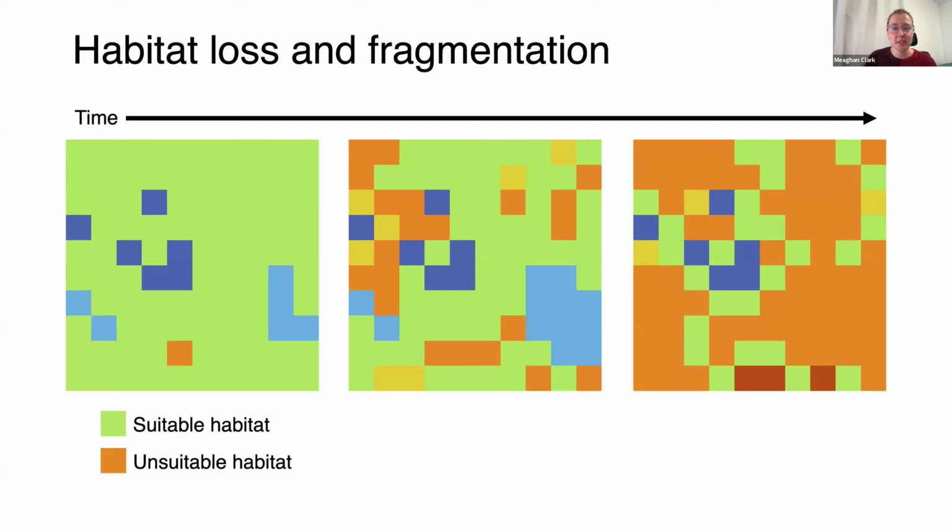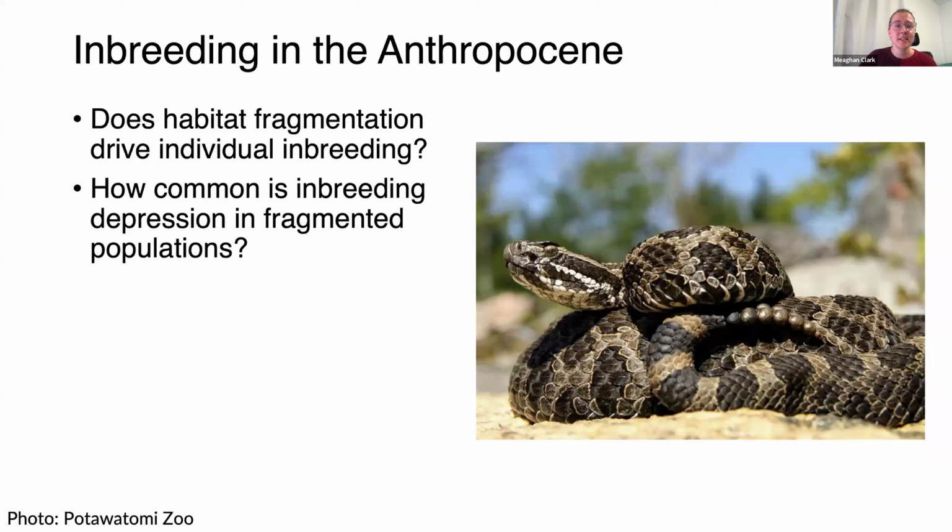And so some really critical questions to think about when studying inbreeding in the Anthropocene is, does habitat fragmentation actually drive individual inbreeding in some of these fragmented populations, as well as testing for fitness effects of inbreeding, called inbreeding depression?